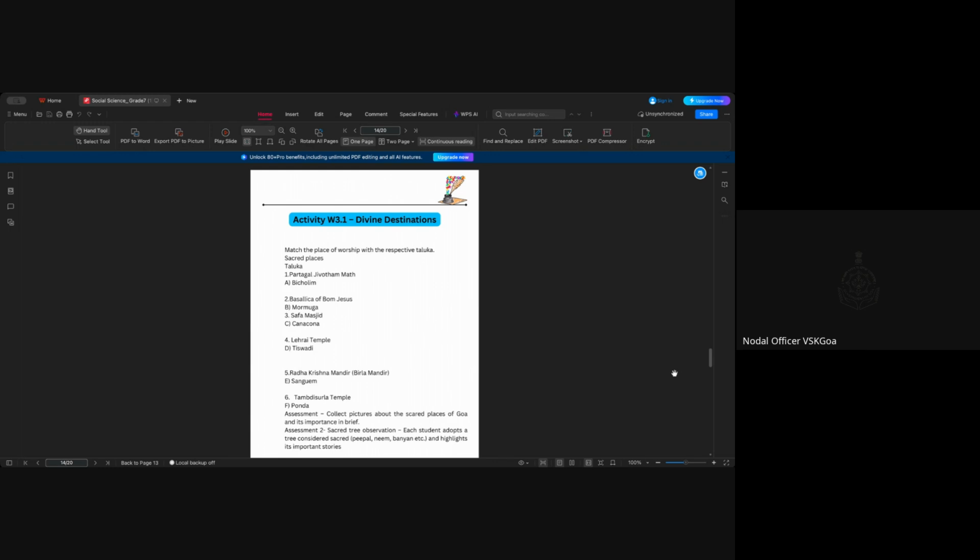By mentioning the names, the teacher can ask the students to find out in which particular taluka this place is. Or the teacher can ask the students to find out the names of famous sacred places and also the talukas, or collect some pictures of these. Or write 2-3 sentences: why are these places important, or what is the history behind it?